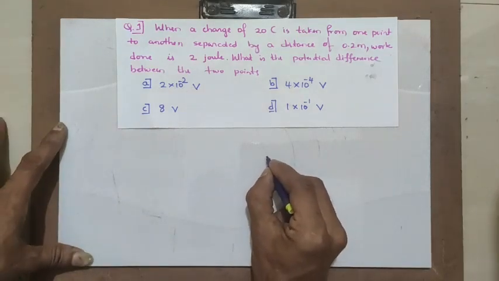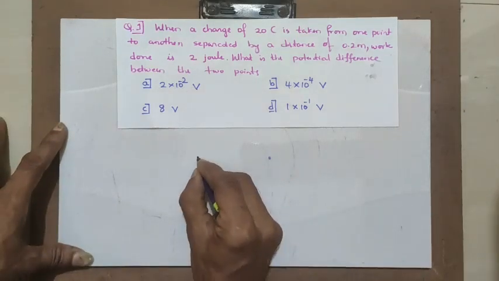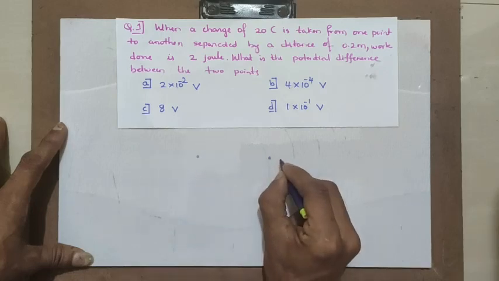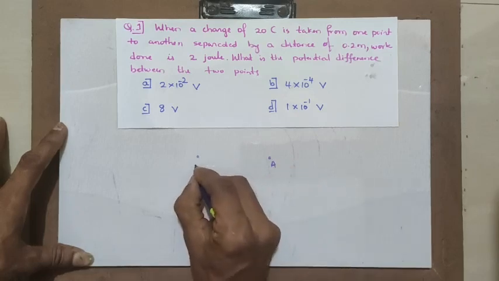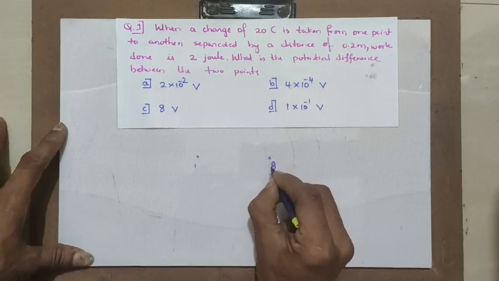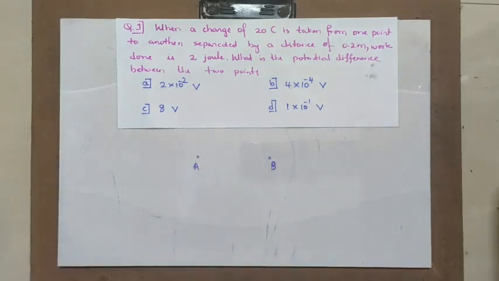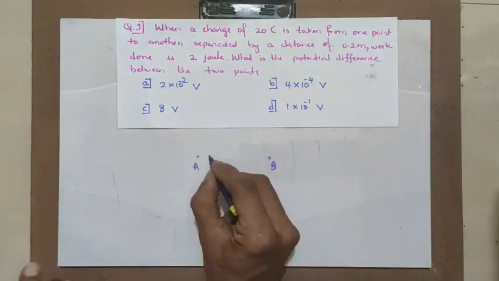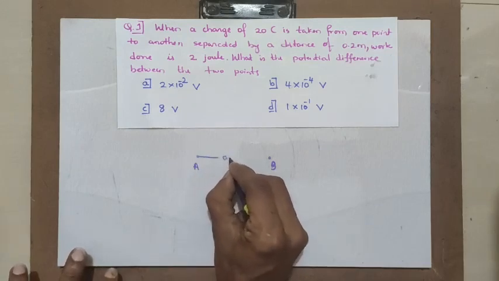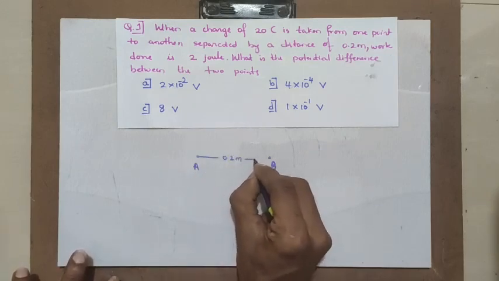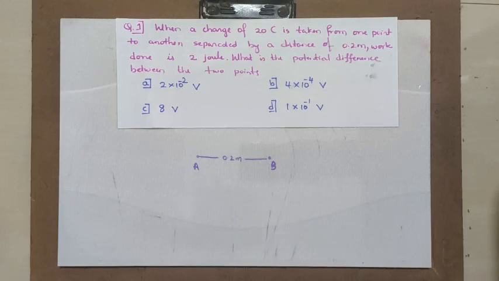Say from point A to point B, I am moving a charge of 20 coulomb. The distance is 0.2 meter.